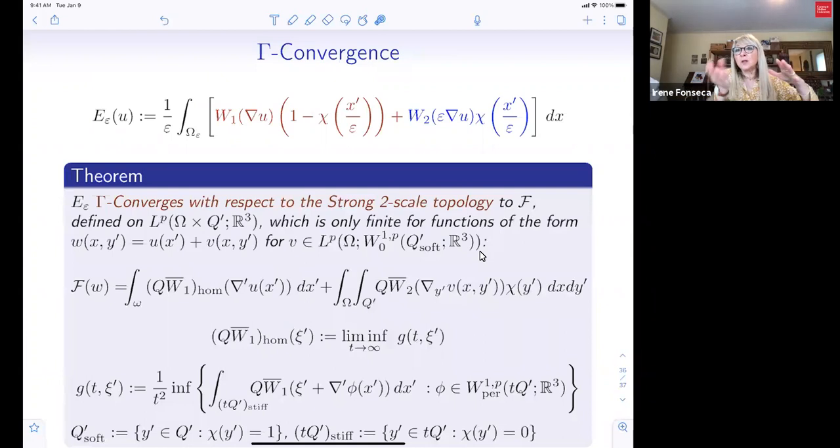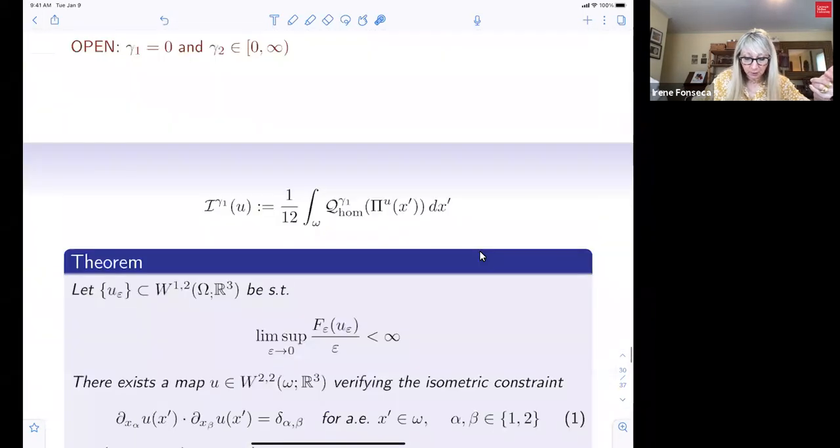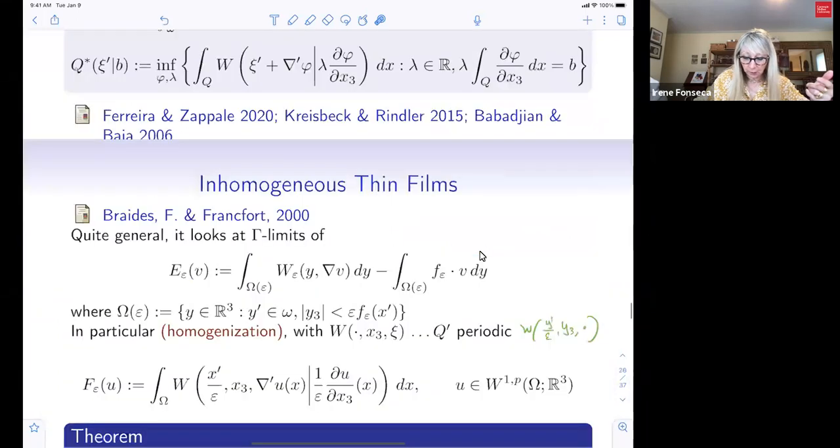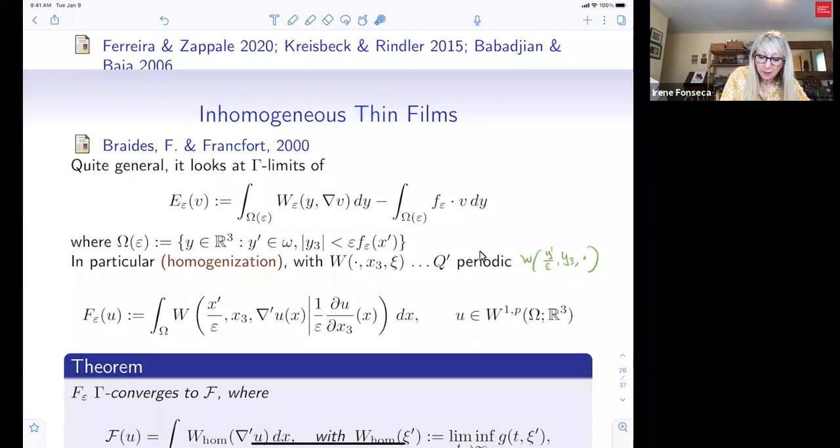If it's not too bad, if it doesn't have folds and stuff, basically if it's diffeomorphic to a flat omega, then you can have, well, for example, let me just tell you something here, because it was here. You see, in this work with Brothers and Jill Frankfurt, you see how our omega epsilon looks like? Here I have an omega which is flat, but you look at the profile. The profile is less than epsilon times an f epsilon. I can put f epsilon like this.